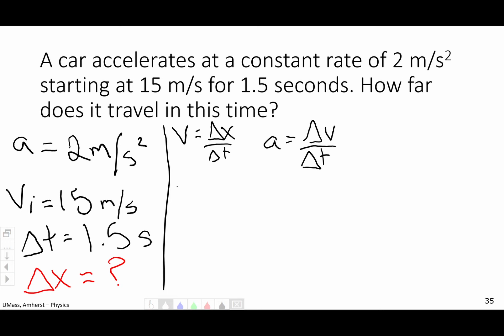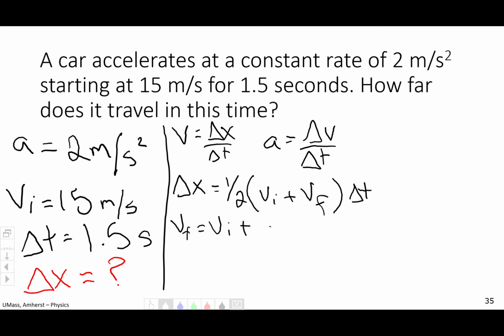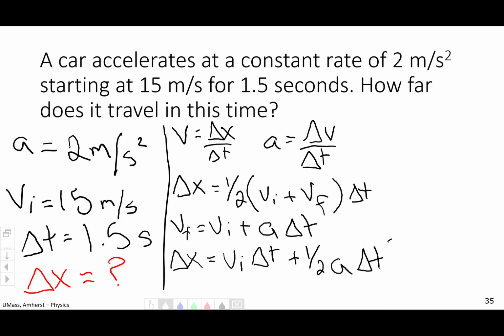We know that delta x equals 1/2 vi plus vf delta t. We have our vf equals vi plus a delta t. And now we have delta x equals vi delta t plus 1/2 a delta t squared.